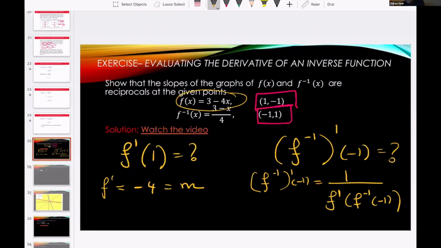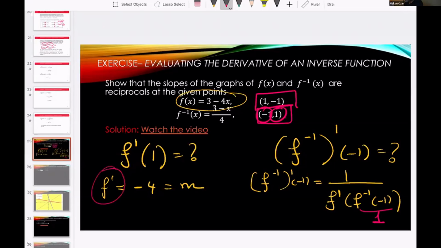The good news is that f inverse of negative 1, by just reading that point, is the y coordinate here, so that's just 1. So all I need to worry about is f prime at 1. But f prime is just constant, as we just found.